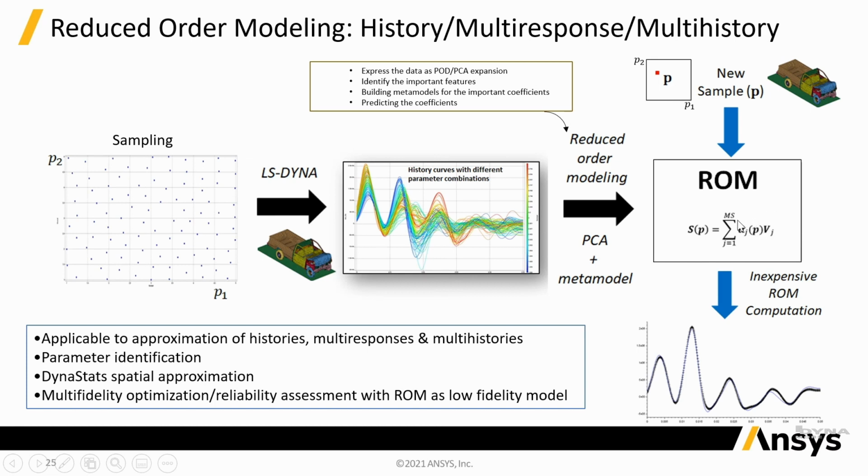And the alphas, which are the coefficients, a function of the parameters in the problem, are approximated using metamodels. So for any new point, once we have the reduced order model trained, for any new combination of P, we can feed it into the ROM, and that gives us the predicted history.